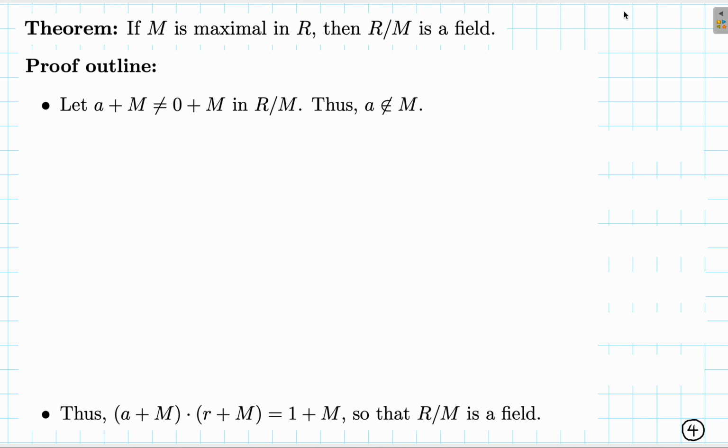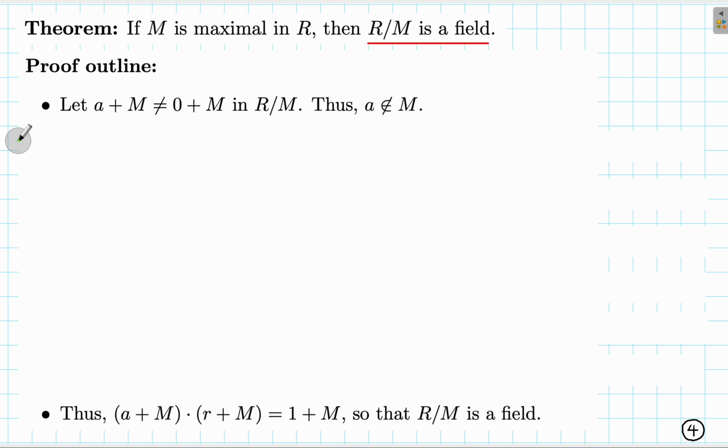We will prove the following claim. If M is maximal in R, then R mod M is a field. And here we will discuss an outline of its proof. Now, our goal is to show that R mod M is a field.